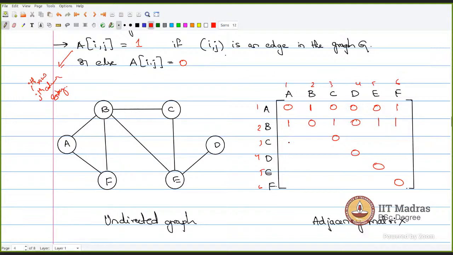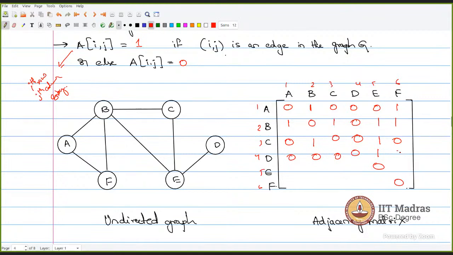C to A? No. C to B? Yes. C to D? No. C to E? Yes. C to F? No. D to A? No. D to B? No. D to C? No. D to E? Yes. D to F?